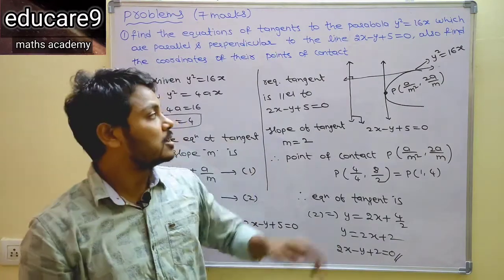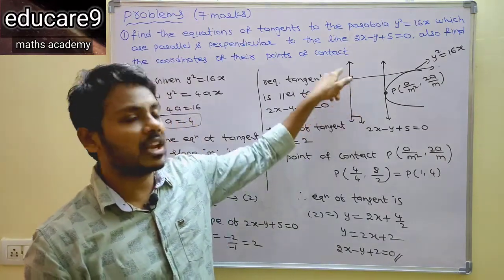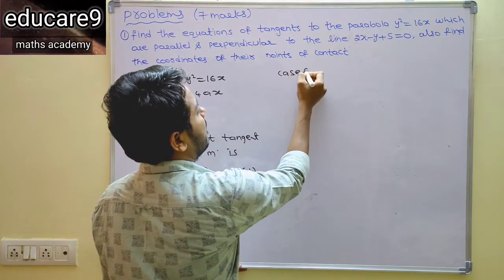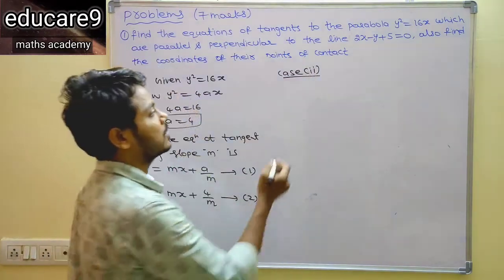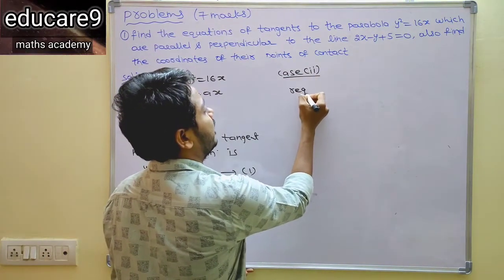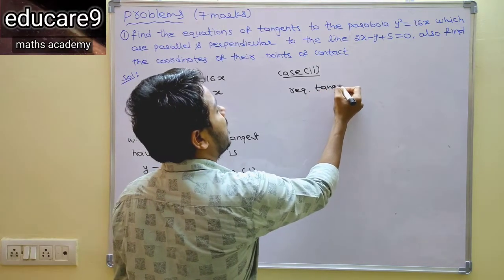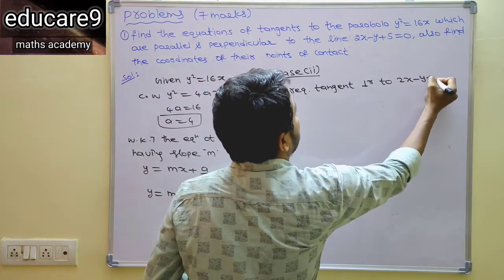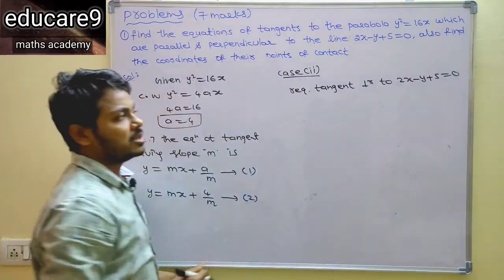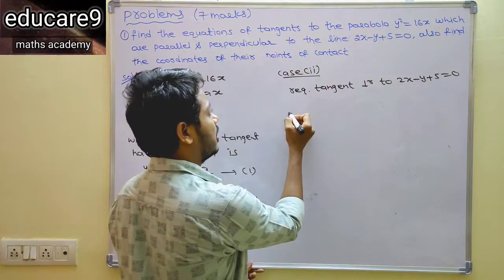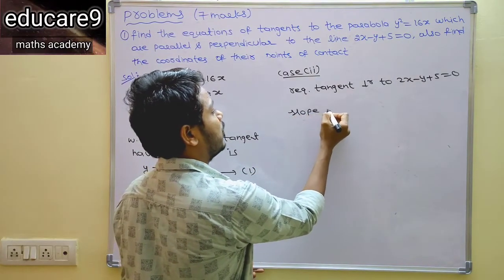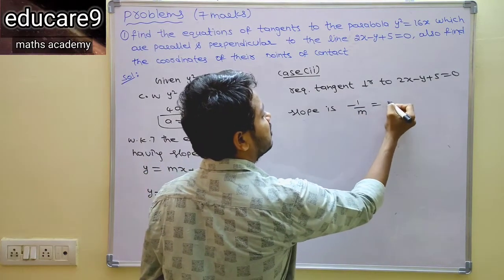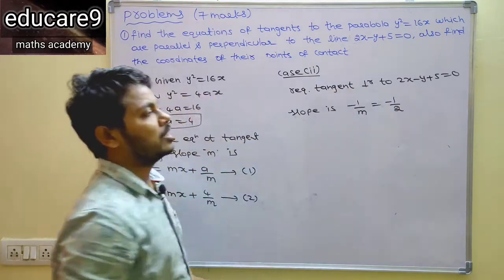And one more case. The tangent is perpendicular to the line. See, the second case: the required tangent is perpendicular to 2x minus y plus 5 equals 0. Therefore, the slope is minus 1 by m, that is minus 1 by 2.